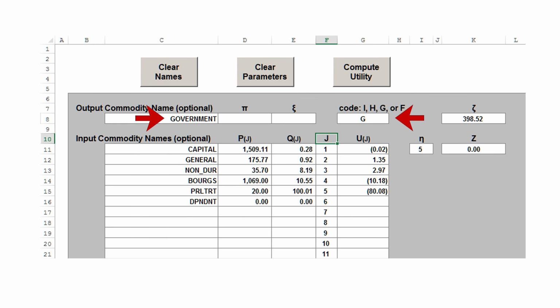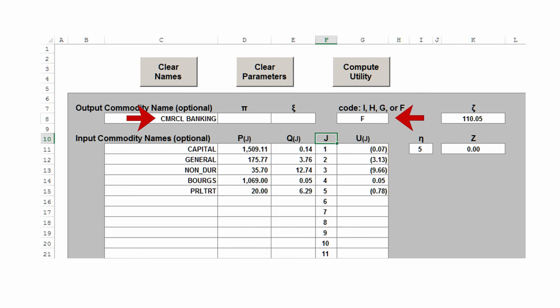A code of G is used to indicate a government sector. Entries for a government sector's output quantity and the output price are to be left blank. For our purposes in computing utility parameters, government sectors are fully described by the list of their input quanta and the input's prices. A code of F indicates a financial intermediary.